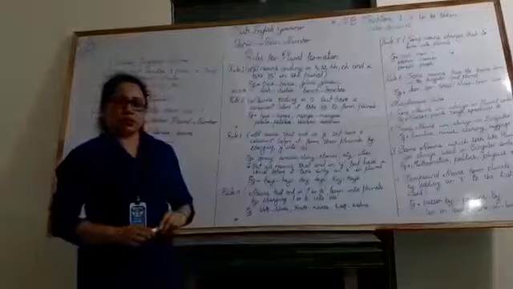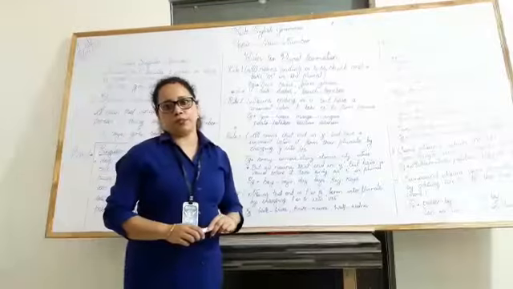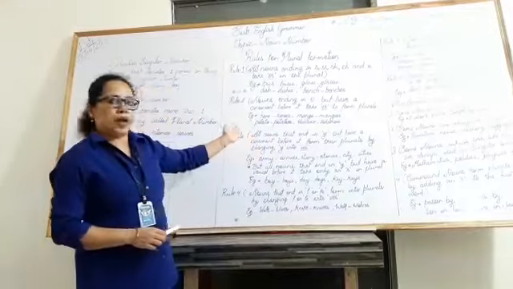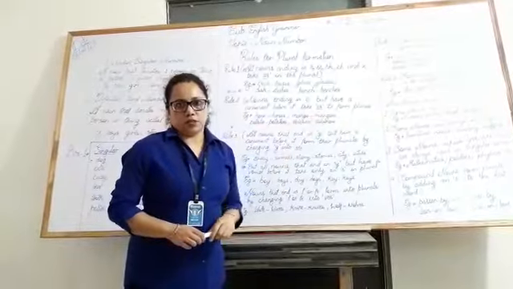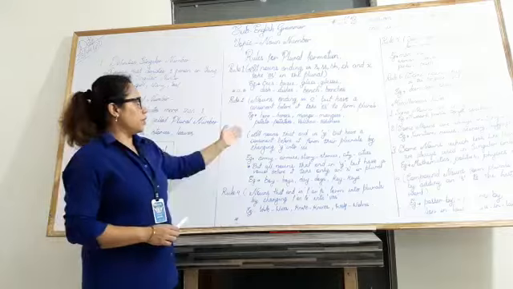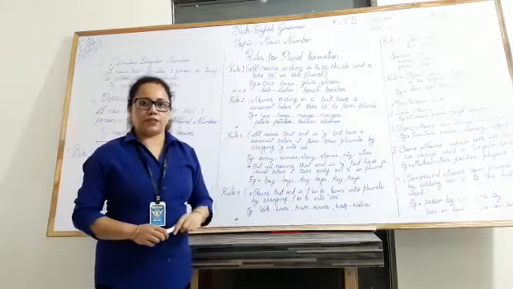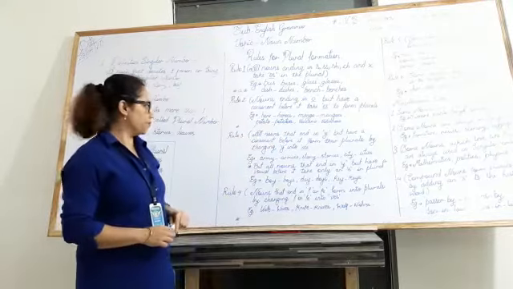There are certain words which are an exception here. For example, words like bamboo, radio, photo, they do not take an es. They always take an s after them to form their plural order.